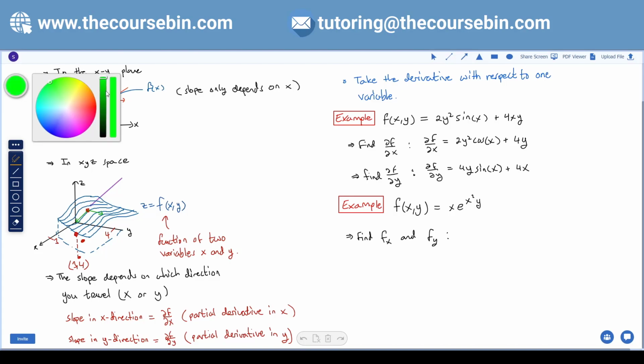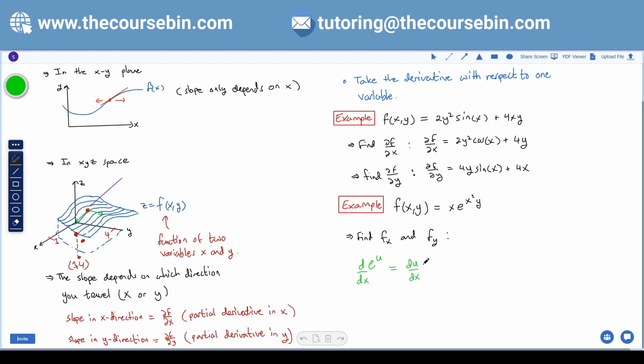So make sure to remember that when you take the derivative of e, the formula is, if we have e to a function u, d dx of e to the u is equal to du dx times e to the u. So this is u prime e to the u.